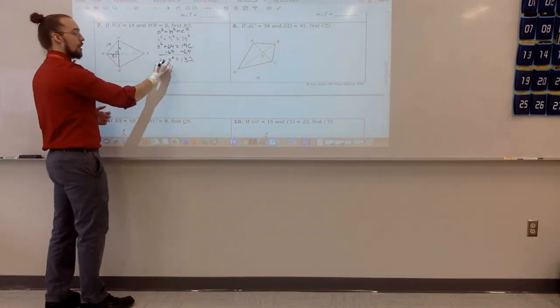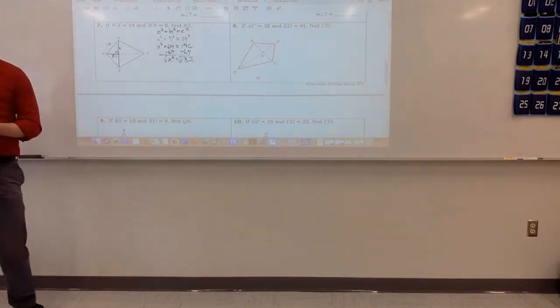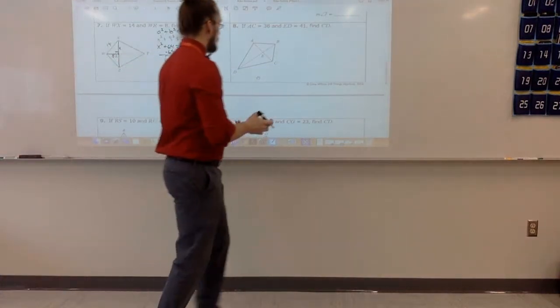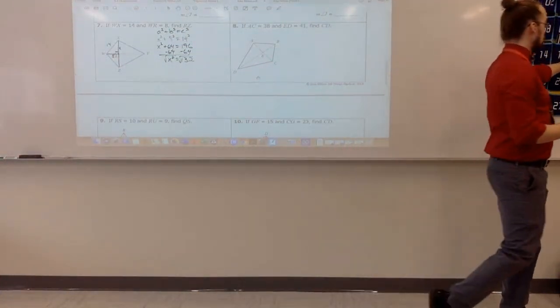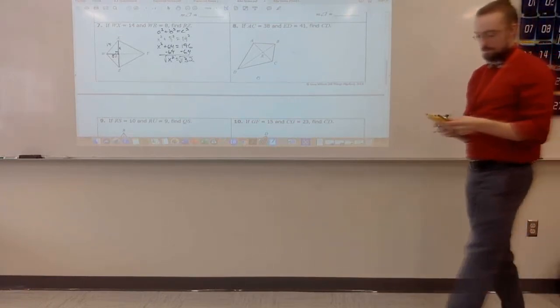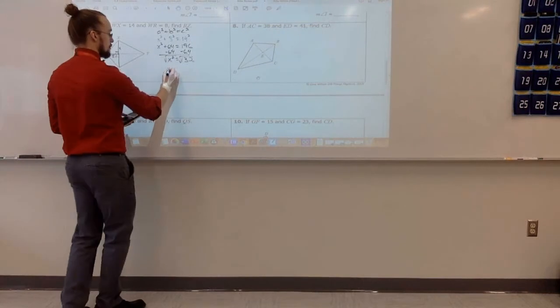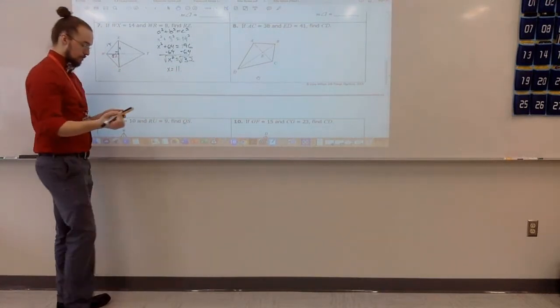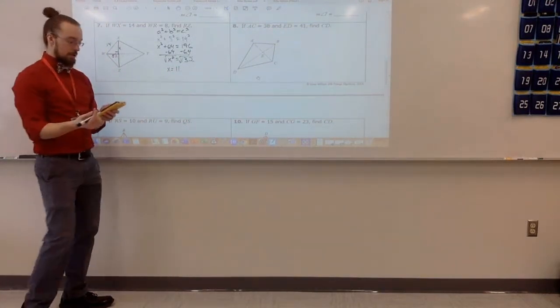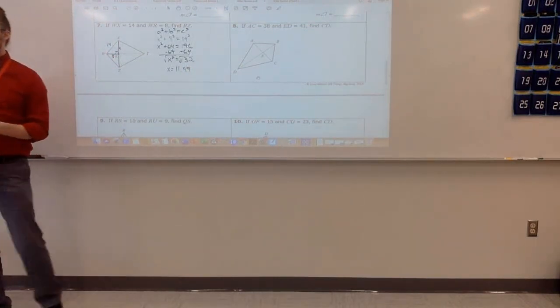Then to undo a square, we take the square root. This is something we can just plug into the calculator. The square root of 132 is 11.489, so we can go to two decimal places and say 11.49.